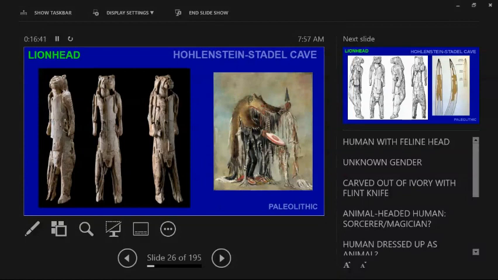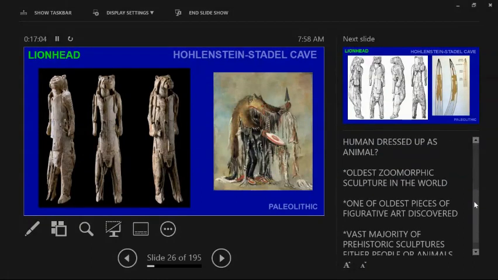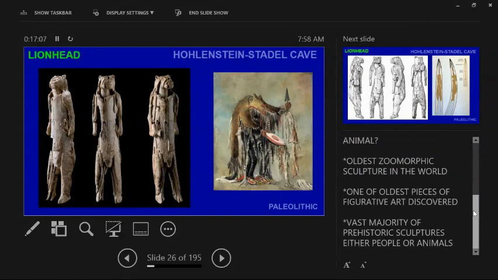It is of unknown gender, and it's carved out of ivory with a flint knife. And so they wonder if this animal-headed human is a sorcerer or a magician, or is it a human dressed up as an animal? But this is the oldest zoomorphic sculpture in the world.